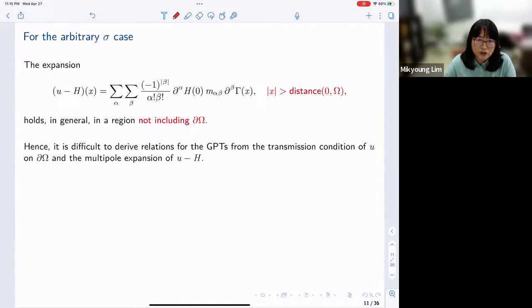And this expansion holds for the magnitude of x sufficiently large. So in general, the expansion doesn't hold near the boundary of omega. So in the general conductivity sigma case, it is difficult to derive a relation for the GPTs from the transmission condition of U, differently from the sigma equals 0 case.